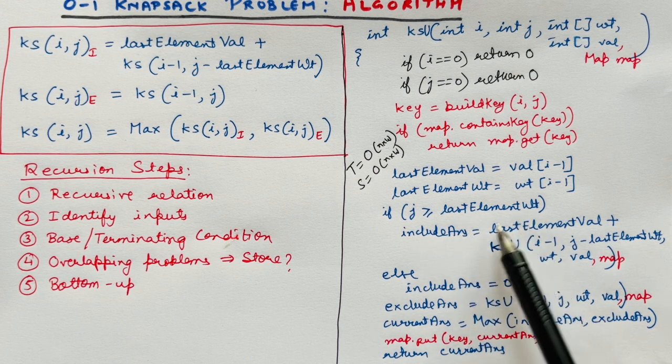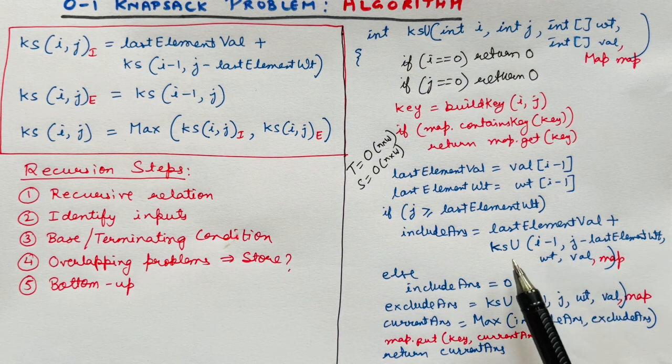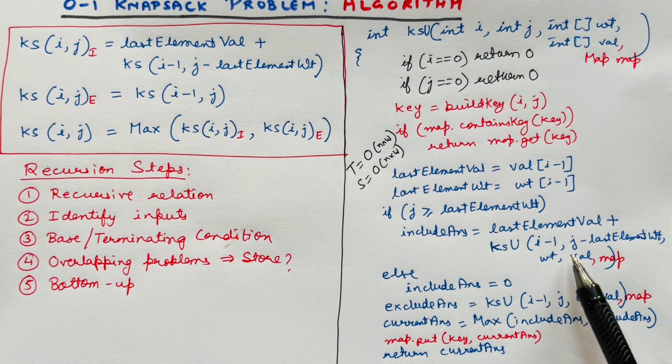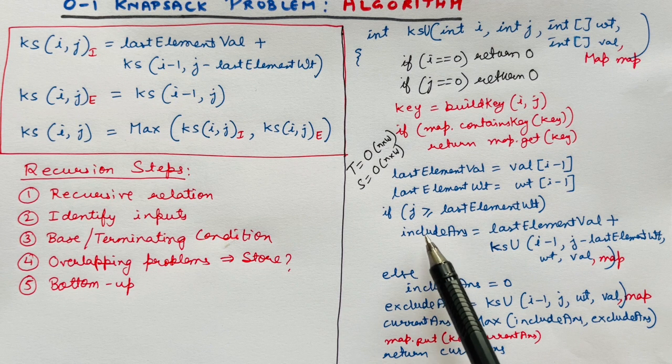And in this condition, the include answer was the value of the last element plus the maximum value that we can achieve by the remaining elements, the I minus 1 elements, with the reduced capacity. The reduced capacity being J minus the weight of the last element. And we still passed weight and value to this same recursive method call. Else, if the weight of the last element was greater than the capacity, then it did not make sense to compute the include answer.